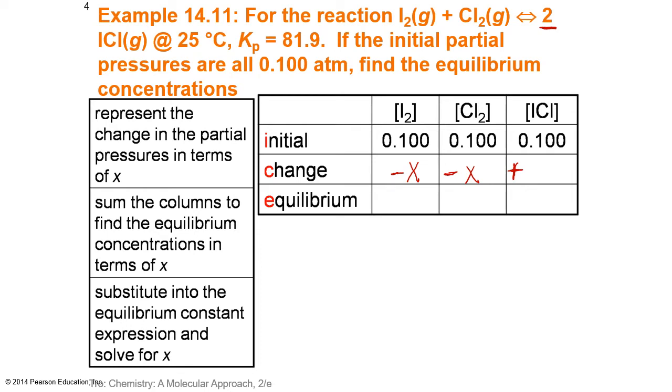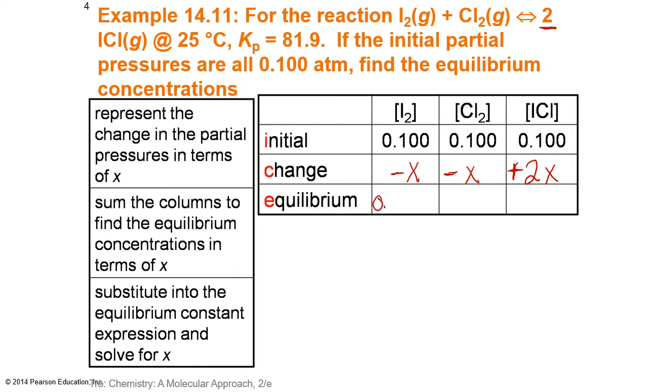That coefficient of 2 means that for every X partial pressure we decrease, we're going to form 2X of our product.